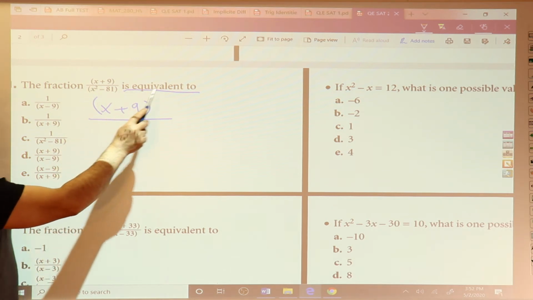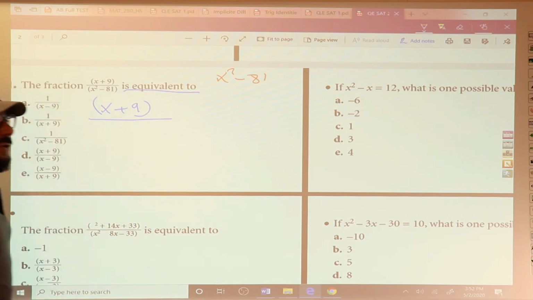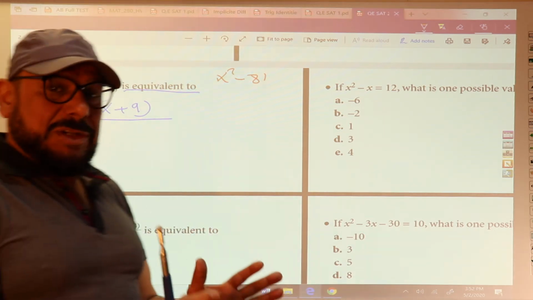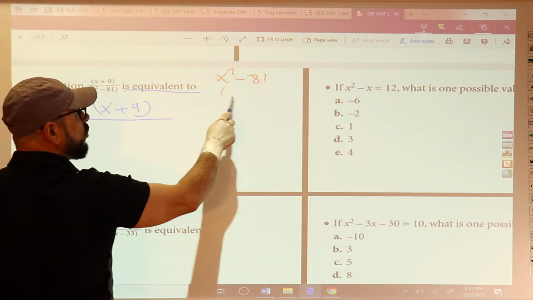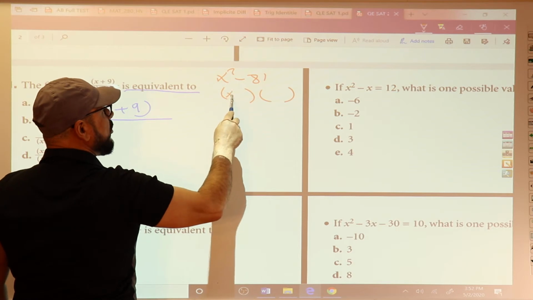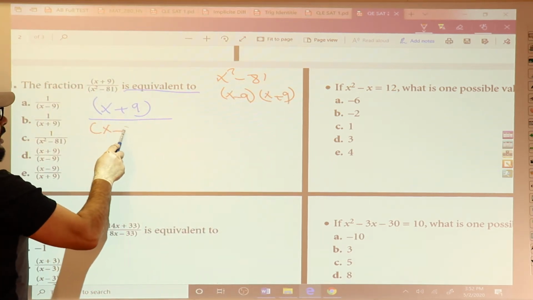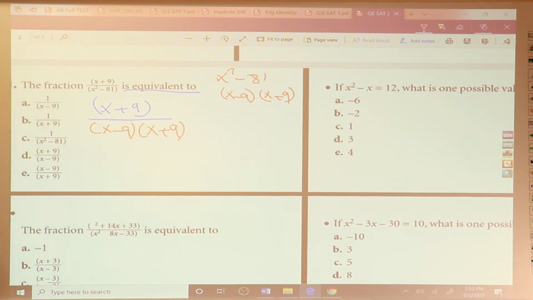X squared minus 81, we call it, guys, difference between two squares. If I have time one day, I will make a full class for factoring, all types of factoring. This difference between two squares, we can do it like this: x minus 9 and x plus 9. Then x minus 9 and x plus 9.